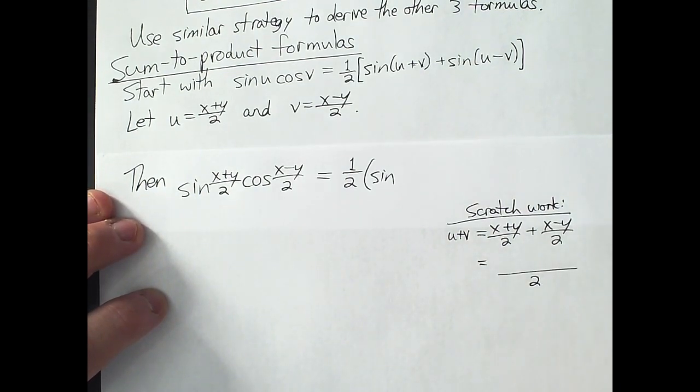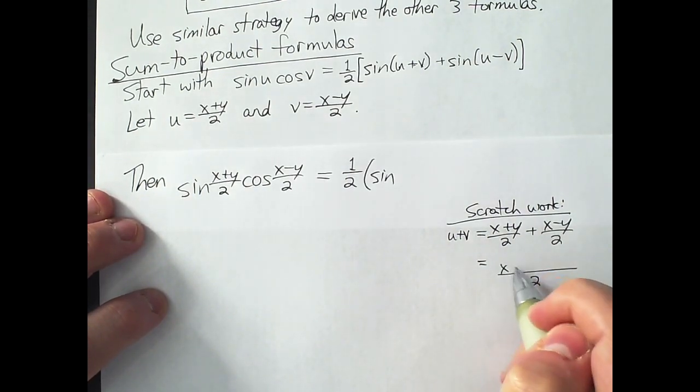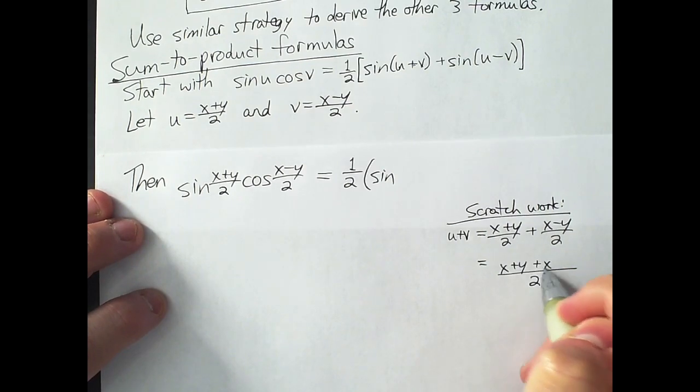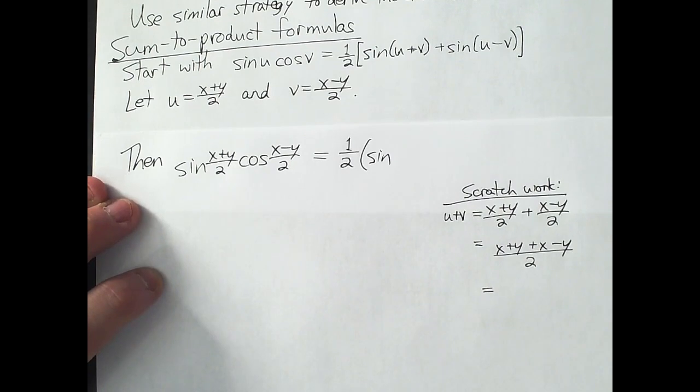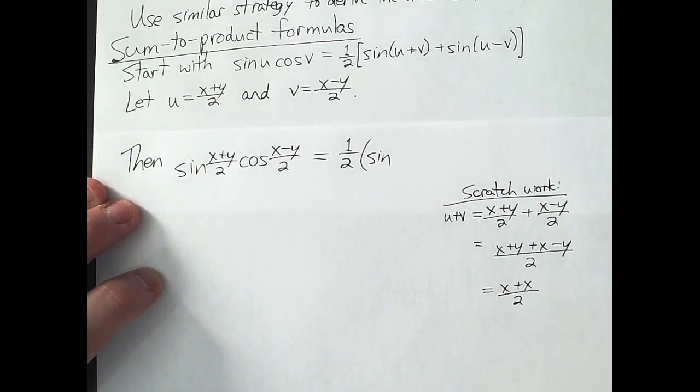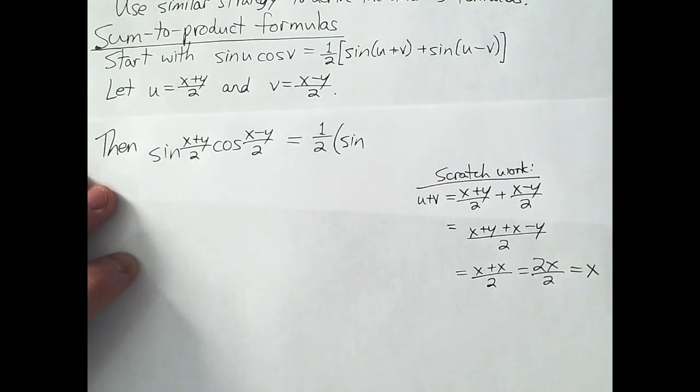Common denominator is 2. So we have x plus y plus x minus y. Oh, look at this. The y's cancel. What is this? 2x over 2. This is just x. Huh, that's pretty cool. That simplified a lot.